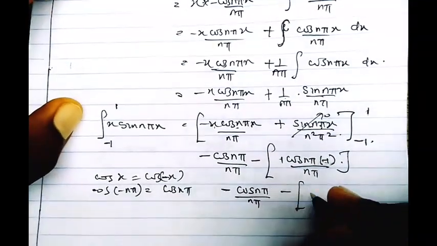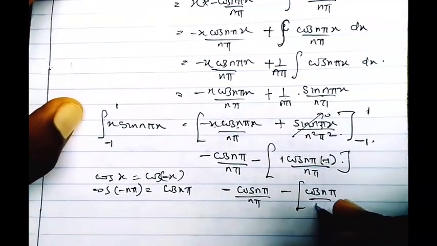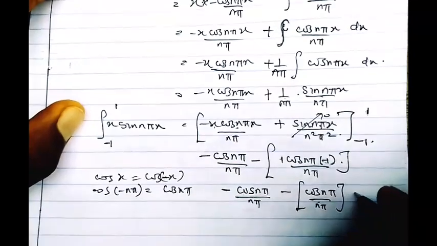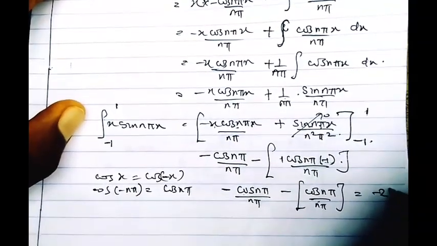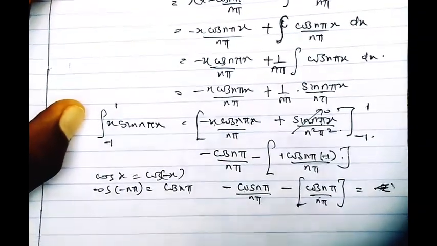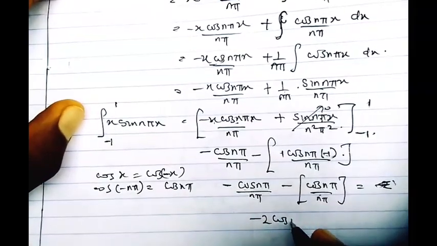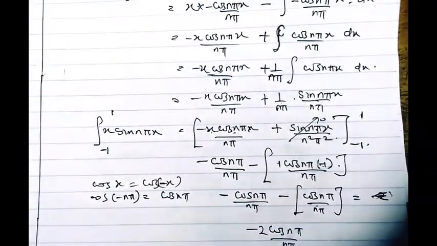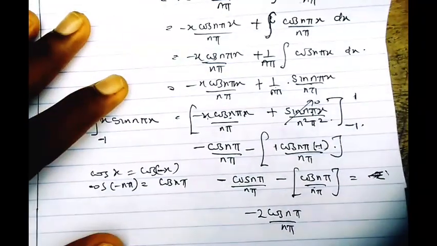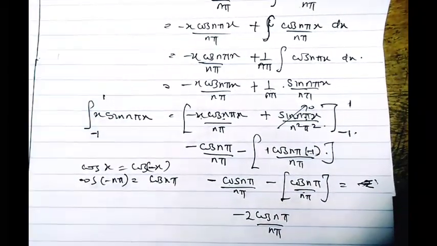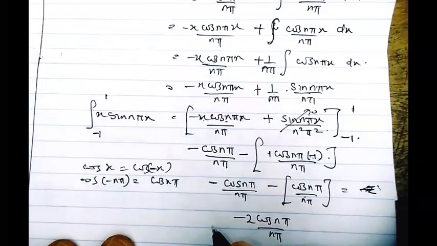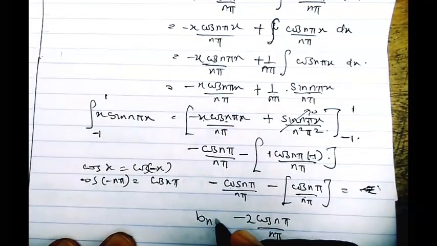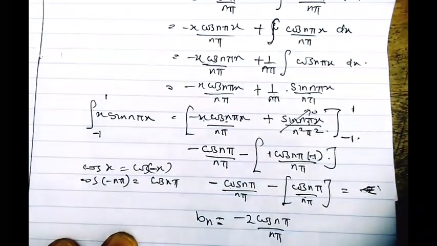These are equal, so this gives me minus 2 cos n pi over n pi. So you see, we didn't get a value of 0 for bn, so I can call bn equal to this.